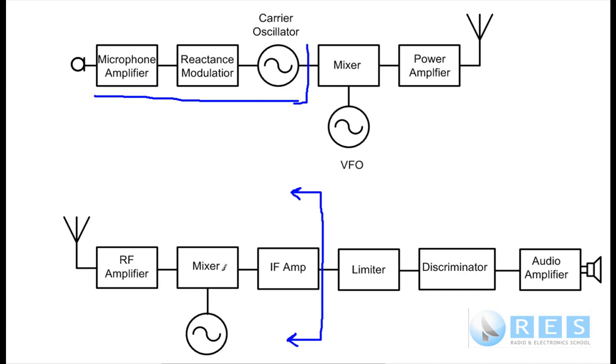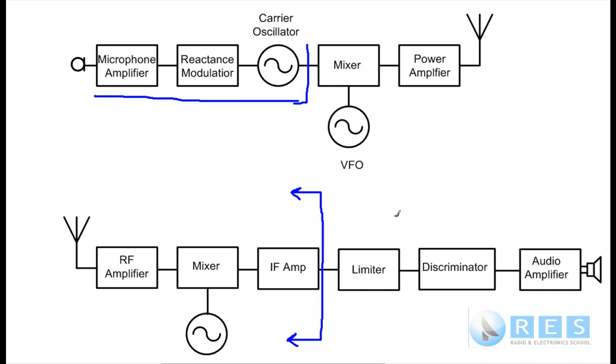It's a superheterodyne receiver, so we're changing the frequency of the incoming signal to an intermediate frequency. So that's all pretty much the same as any other receiver, the same as this section here in the transmitter. The difference with FM is that the bandwidth of the IF amplifiers would have to be wider because FM is 16 kilohertz wide. So we get to the limiter.